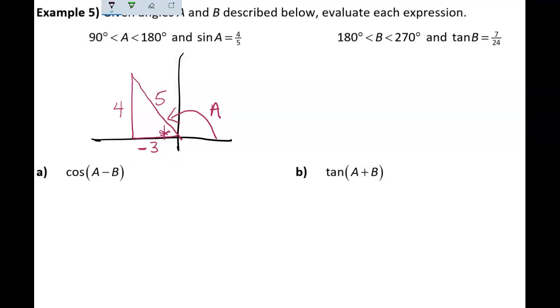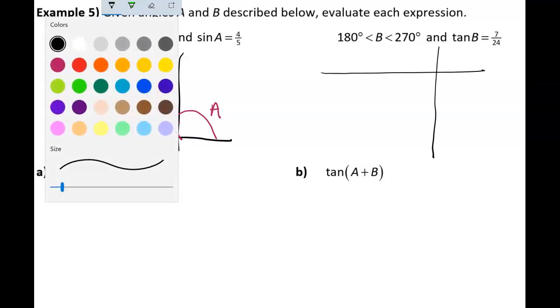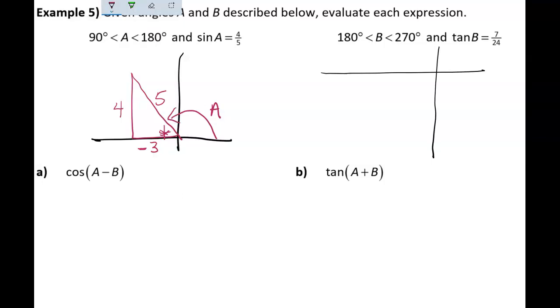Let's make a sketch of our second angle. This is between 180 and 270, so that's going to be a quadrant 3 picture. And the tangent of angle B is 7/24. So here's angle B. There's our reference angle.